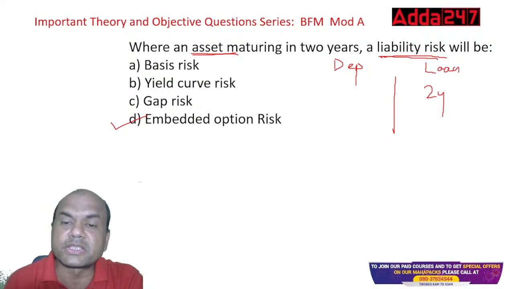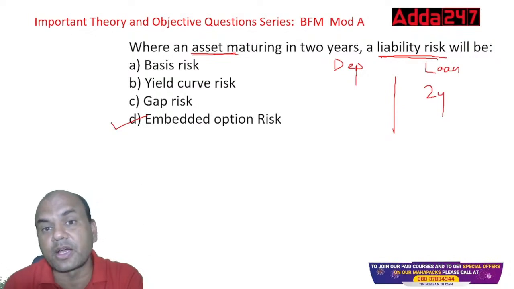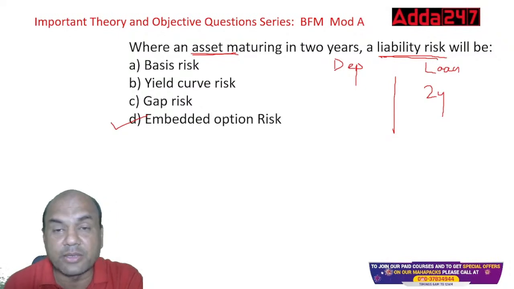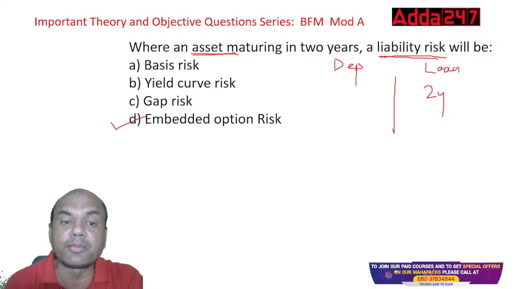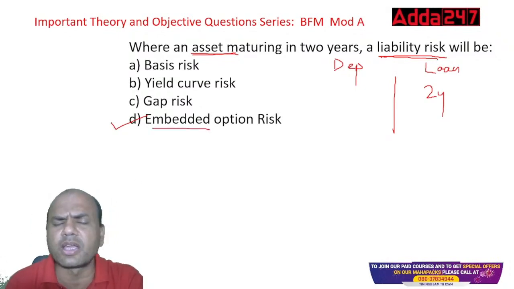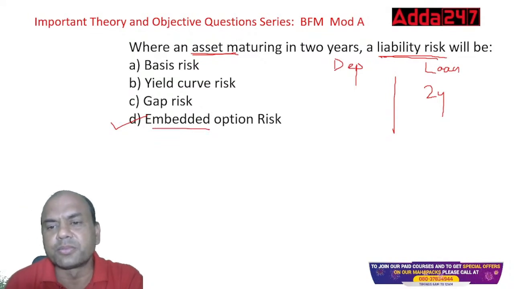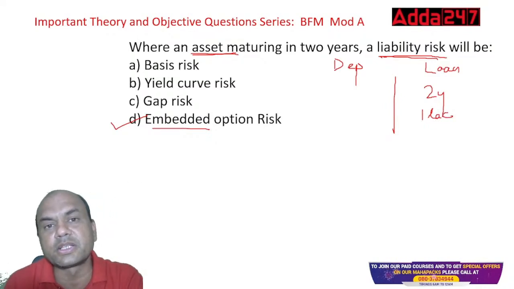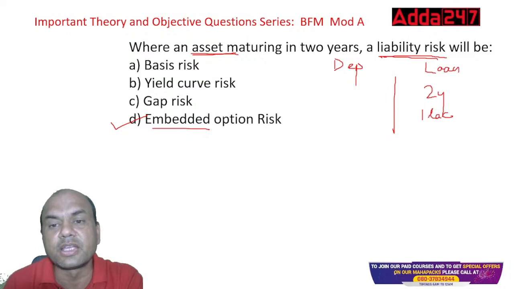But if these deposits mature, if the FD matures and there is a withdrawal, will I get the same FD of the same amount at the same rate afterwards? That is known as embedded option risk. Embedded means it can be withdrawn anytime. Suppose I need this 1 lakh rupees and this 1 lakh is withdrawn by the depositor, then my balance sheet is in a problem.